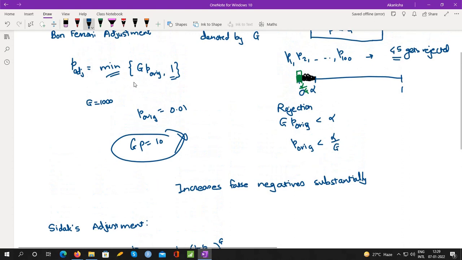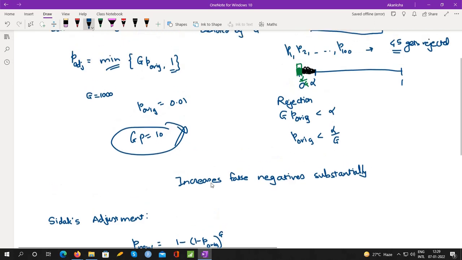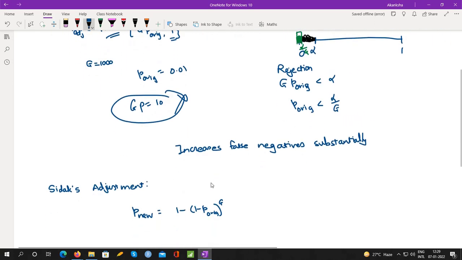And what can we say about this Bonferroni adjusted value and Sidak's value? Which one is going to be larger? Which one is going to be smaller? Can we say something? Can I say that this value is either always larger or always smaller than the Bonferroni adjusted p-value?